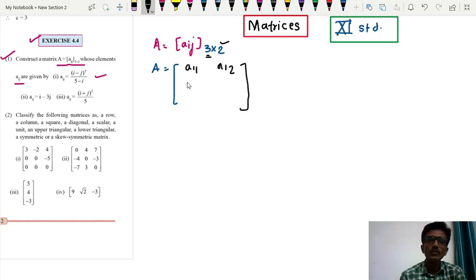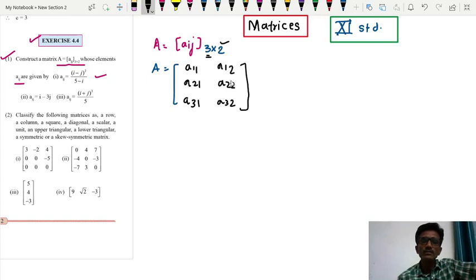Then second row A21, A22. Then third row A31, A32. Second column, this is the first row, second row and third row, first column and second column.